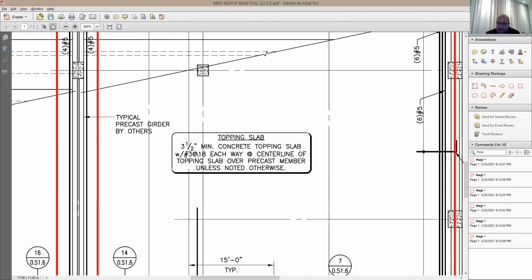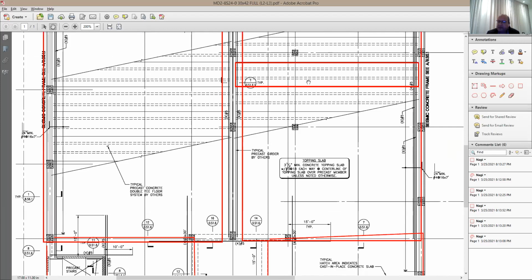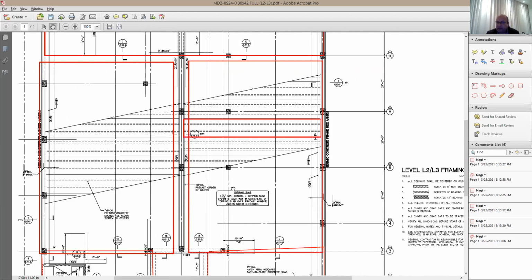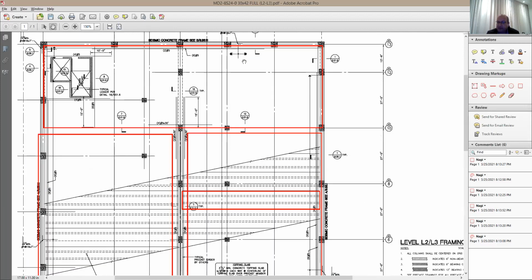And then it says here, with reinforcing each way at center line of topping slab over precast members. The precast member now is gonna be this double T. So what I'd like to do first is to design one of these double T's. Someone's gonna say, well, this double T is just continuous, so you may have another double T here. I said, I understand.